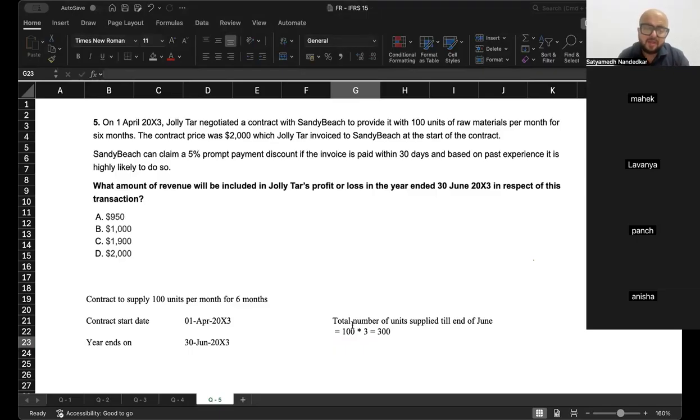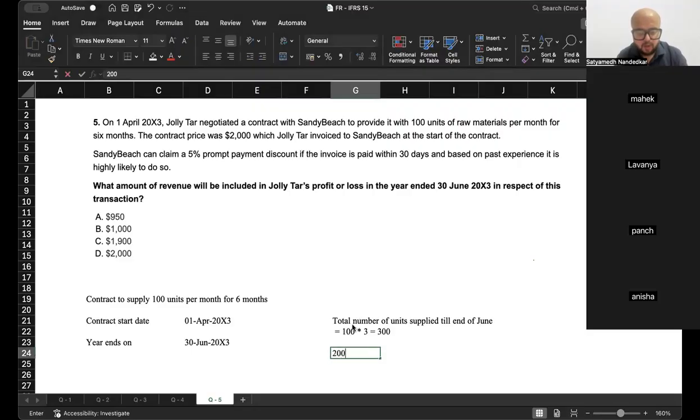The contract price negotiated is how much? Contract price negotiated is 2000. 2000 is contract price negotiated for 6 months supply, basically 600 units.